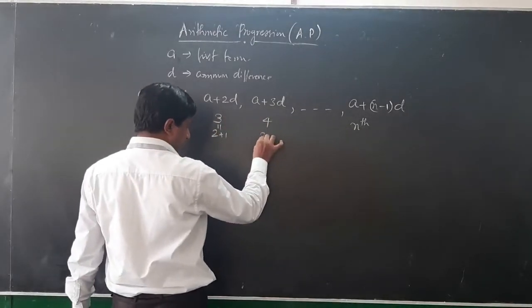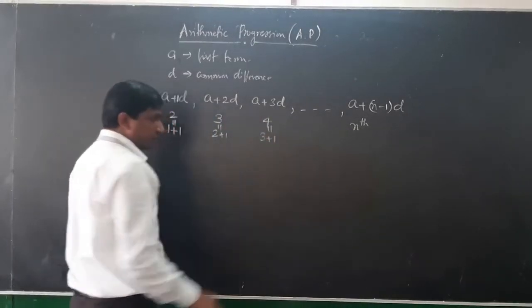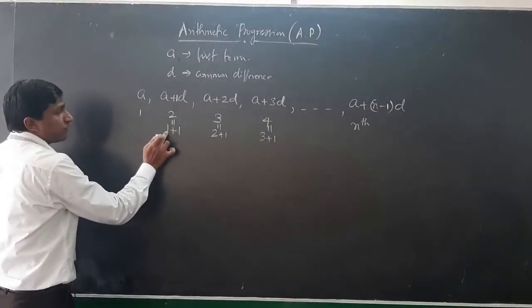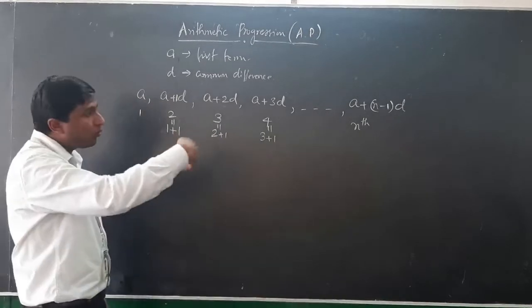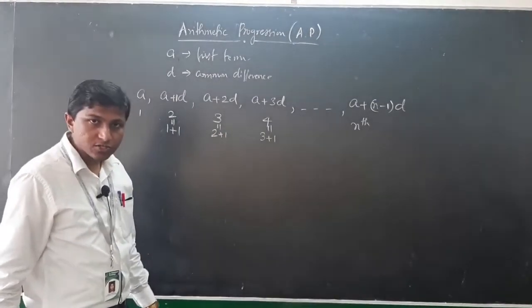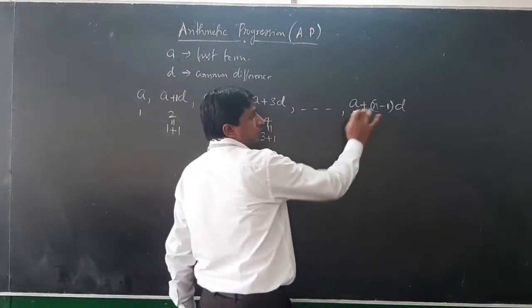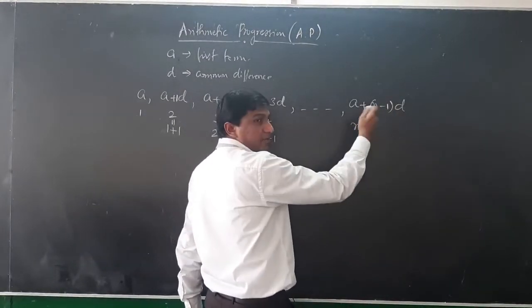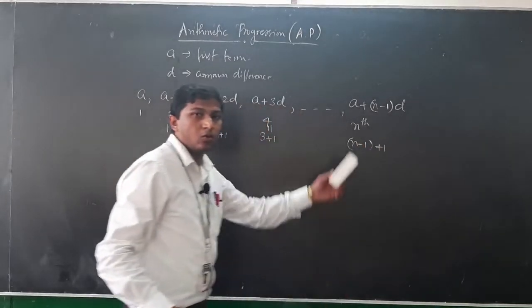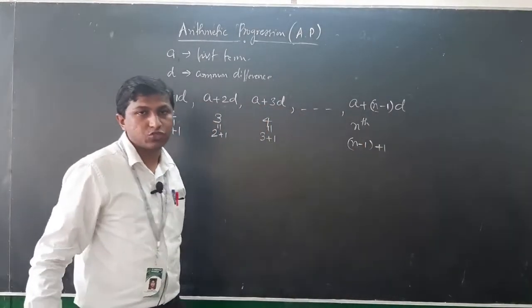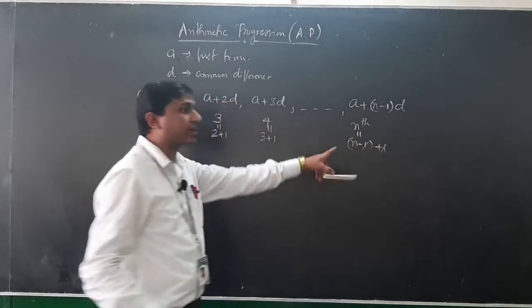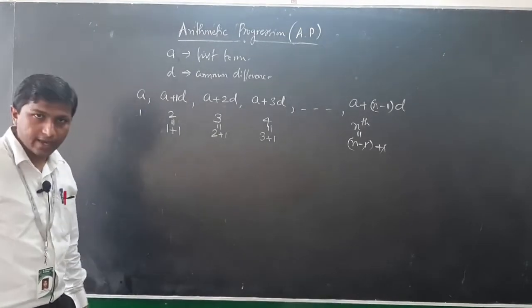I can write 4 as coefficient of d plus 1. So you can see that we have used coefficient of d plus 1. 1 more than the coefficient of d is the position of the term. Similarly here, the coefficient of d is n minus 1, so n minus 1 plus 1. Minus 1 plus 1 cancels and you get back n.